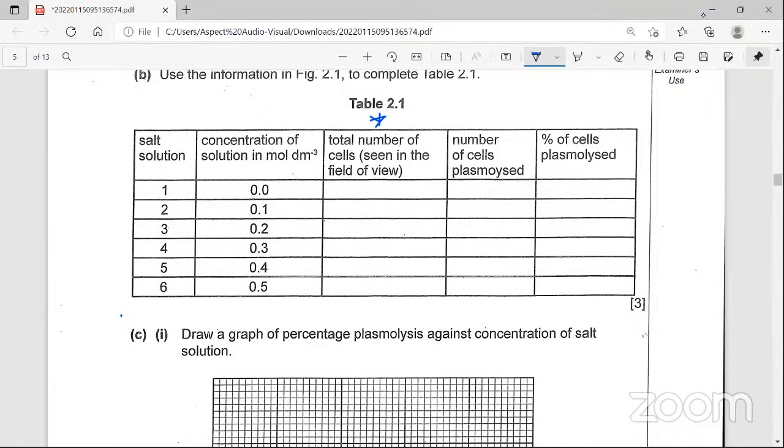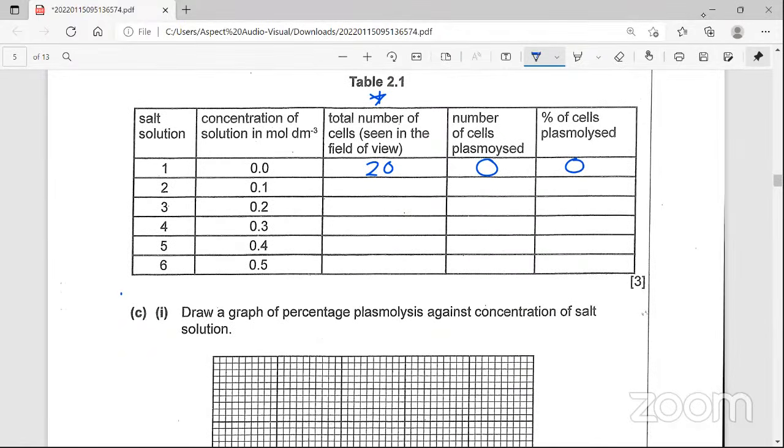Right. So can we start with this field here? Your solution 1. What is the number of cells that you see? 20. Thank you. Right. What's solution 2?